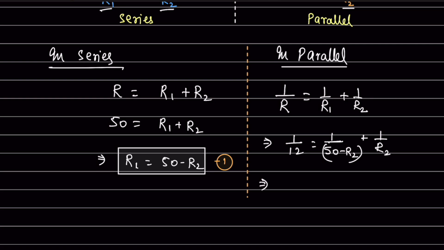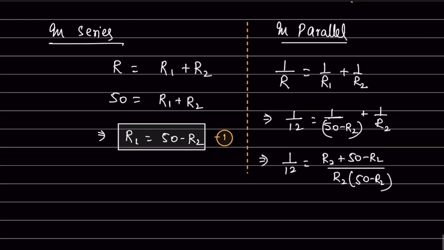Now further, 1 by 12 is equal to (R2 plus 50 minus R2) divided by R2 times (50 minus R2). So here this R2 and R2 get cancelled. 1 by 12 is equal to 50 by R2 (50 minus R2).